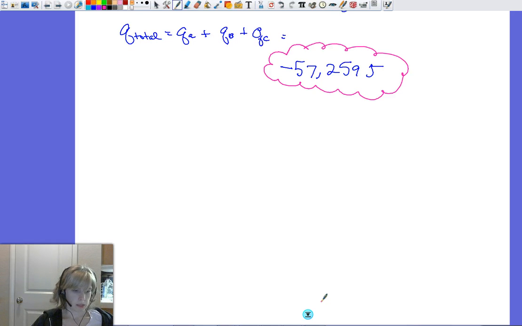Now let's see. We'll do one more. Let's take a look at number 16. Number 16 says express the heat of vaporization of water in calories per gram and in joules per mole. Do the same thing for heat of melting. So I'm going to switch back to the black, and this is number 16.